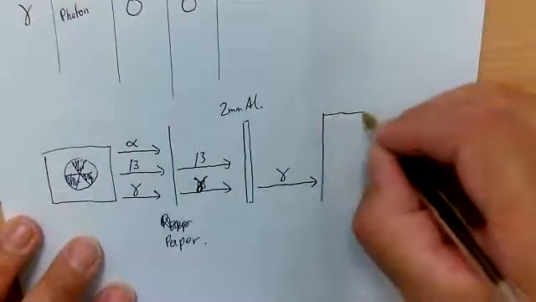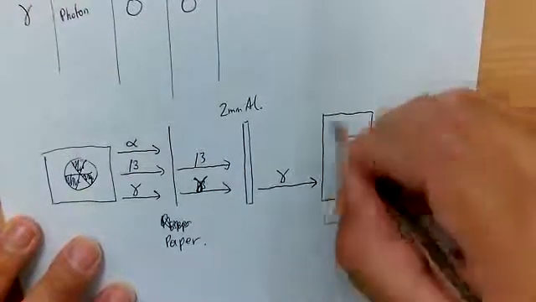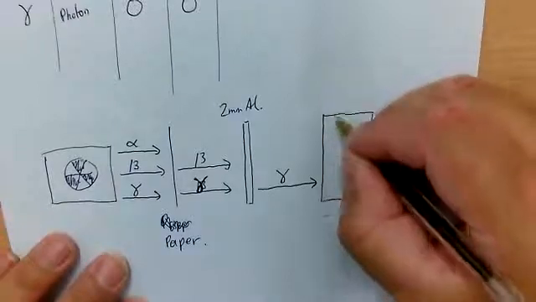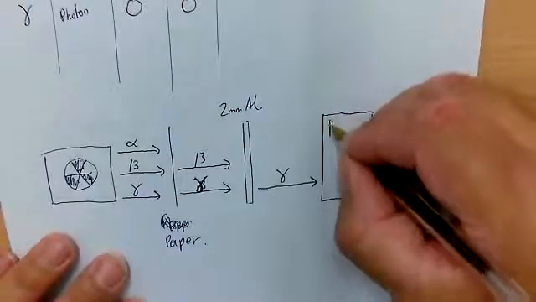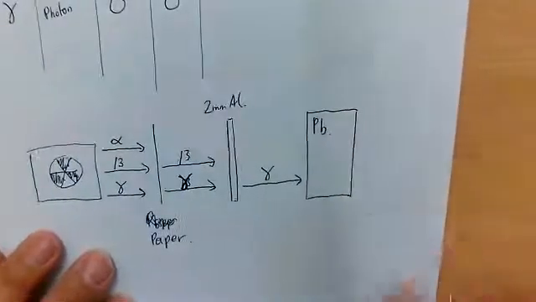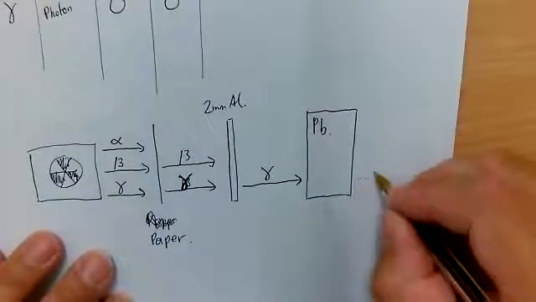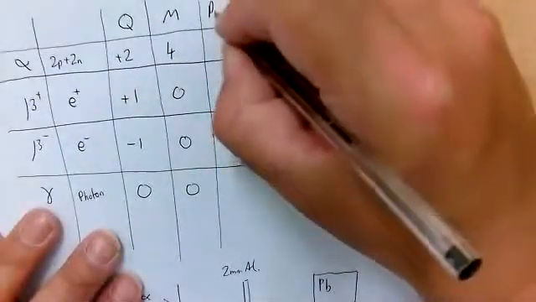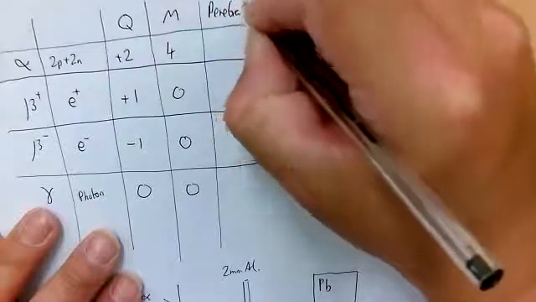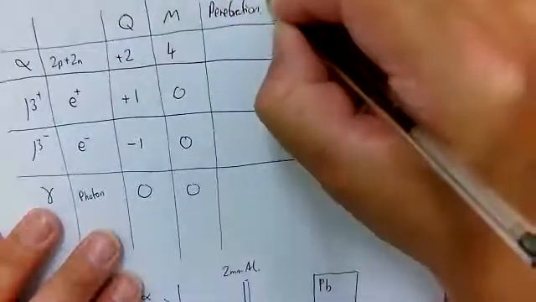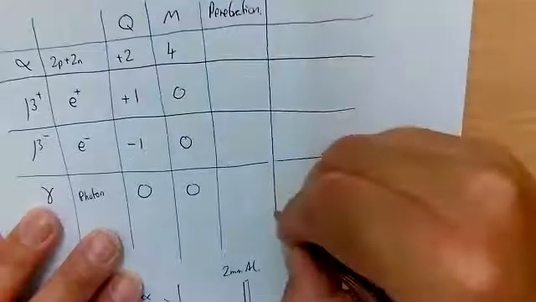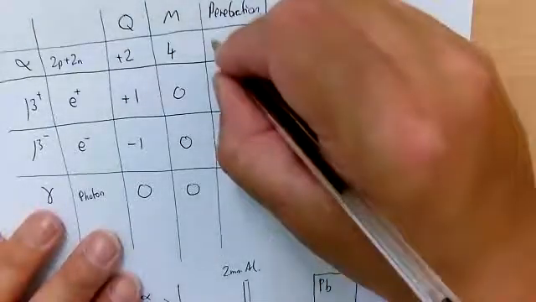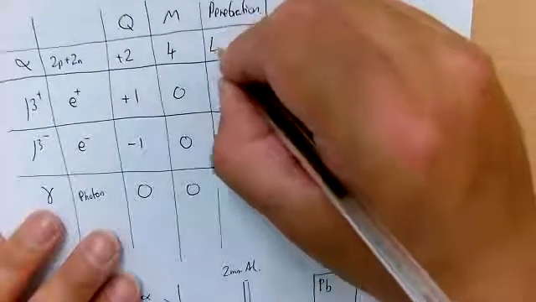You actually need a fairly thick piece of lead to even attenuate slightly the gamma rays. Some gamma rays would still go through. So when we look at penetration, we know alpha is stopped by paper, so it's the least penetrating.